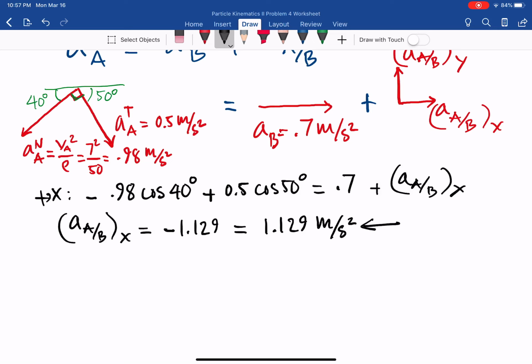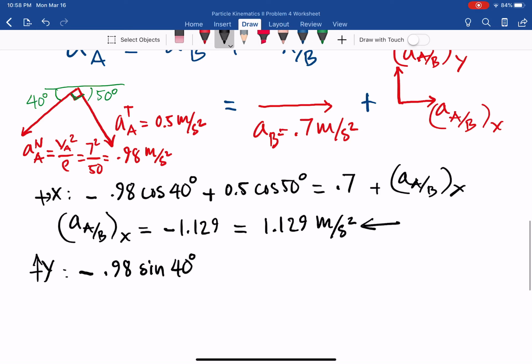And then the y components. Both A_N and A_T project to the y component, it will be negative. In the x component, it's 0.98 cosine 40 degrees. So when you already determine the x component is cosine 40 degrees, for the y component you just close your eyes and write down sine 40 degrees. Cosine becomes sine, and vice versa.